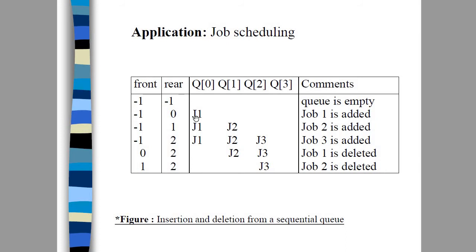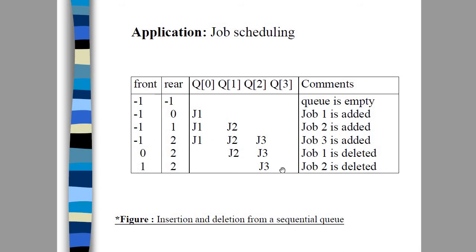When we are adding job 1, the rear pointer will be incremented by 1, so it will become 0, but the front pointer will be -1 only. Whenever we want to remove an element, the front pointer will be incremented by 1 and then the element will be removed.